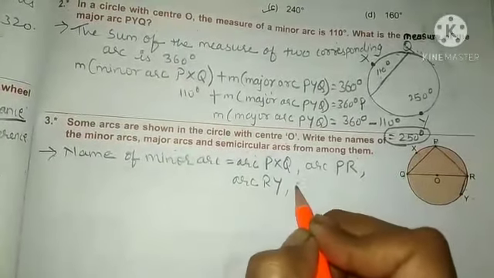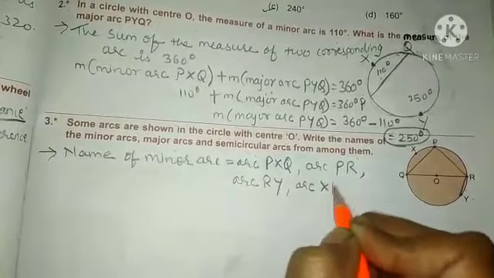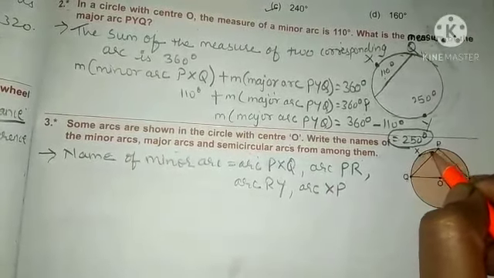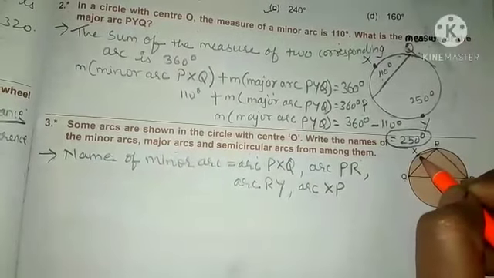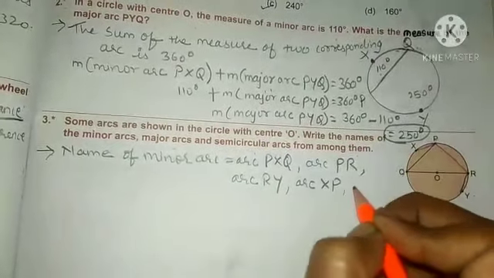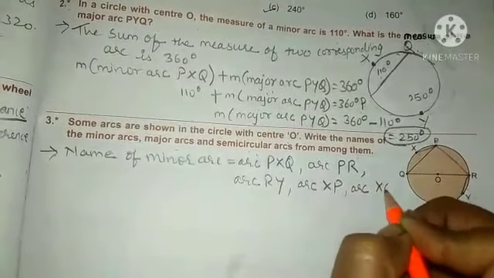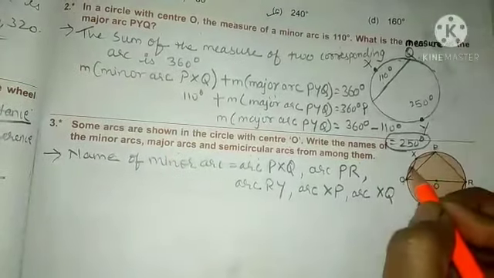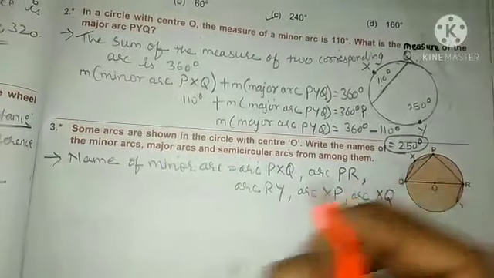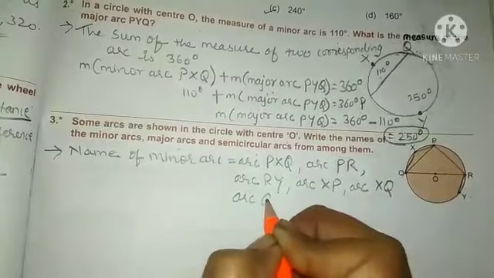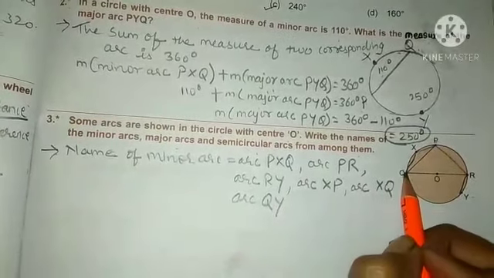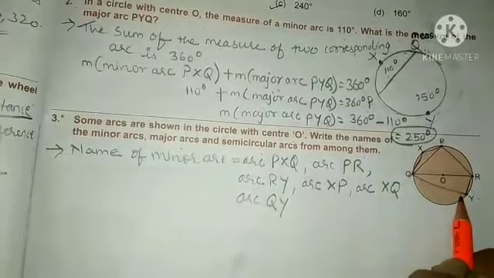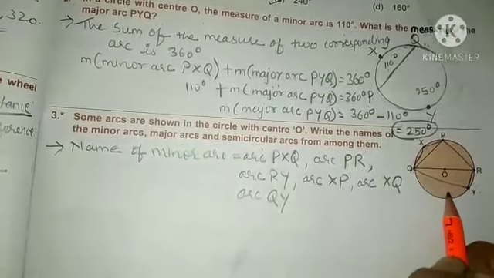Clear? Then again, arc XP. Similarly, if you draw a chord from X to P, you will get your minor arc. Understood? Then arc XQ. Similarly, if you draw a chord from X to Q, you will get your minor arc. Understood? And the next one is arc QY. If you draw a chord from Q to Y, again you will get your minor arc.